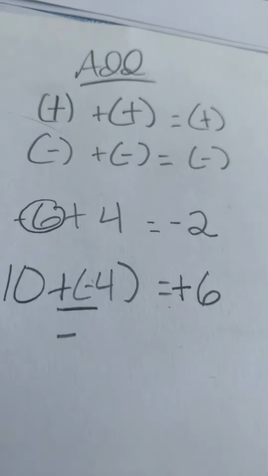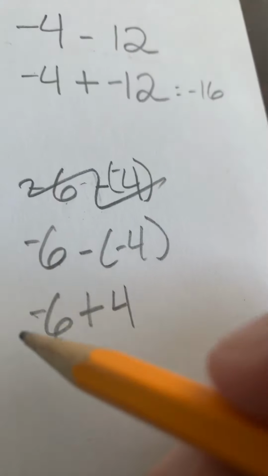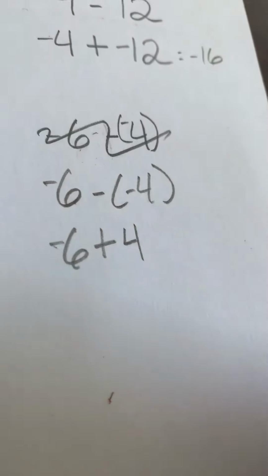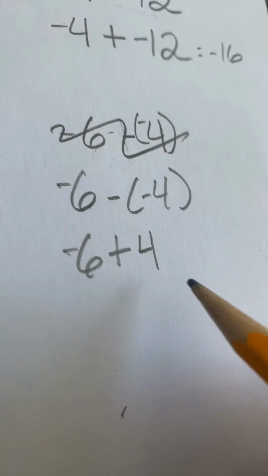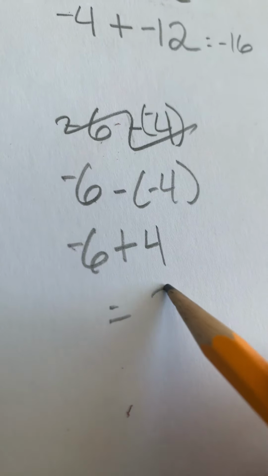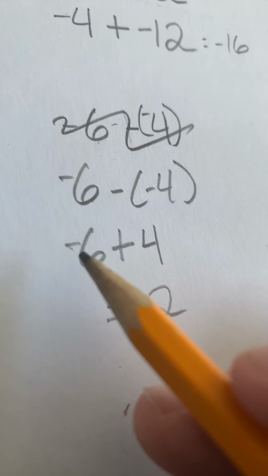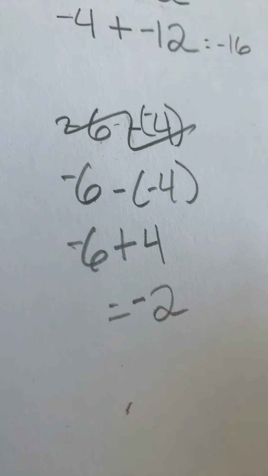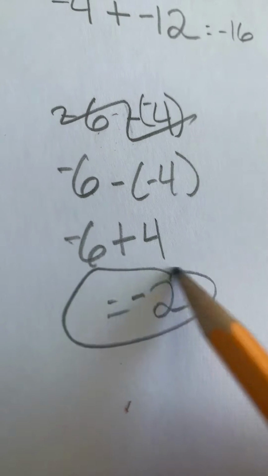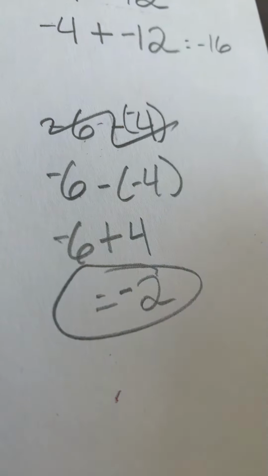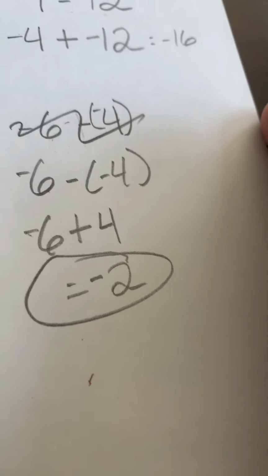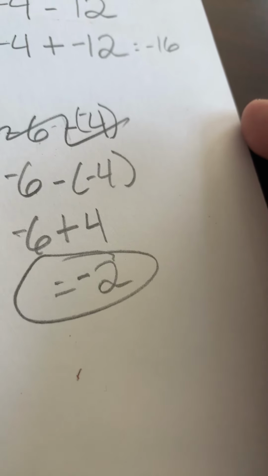Now I'm going to follow my integer rules. I have a negative and a positive, not the same sign, so I'm going to subtract them. 6 minus 4 is 2. 6 is further away from 0 than 4, so I end up with a negative sign. So negative 6 plus 4 is negative 2, or negative 6 minus negative 4 is negative 2.